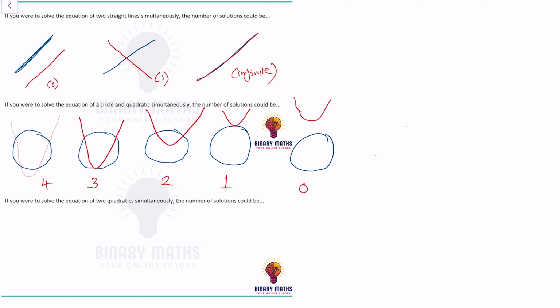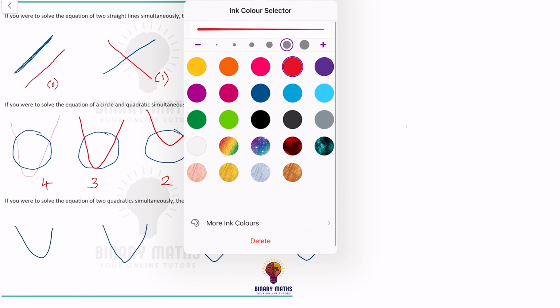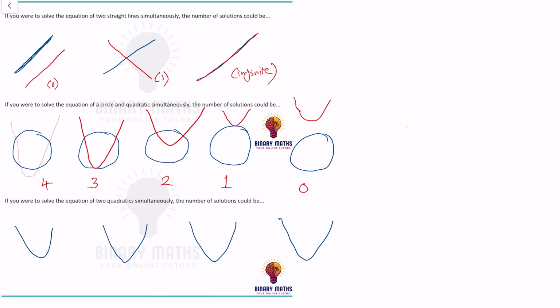Okay, and the last one that we look at is what happens when you have 2 quadratics in front of us. Let me draw some quadratics for all the different scenarios you can get. First of all, they don't touch at all, so they're away from each other, which means you have 0 solutions.